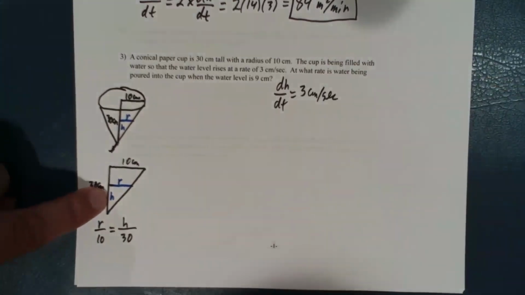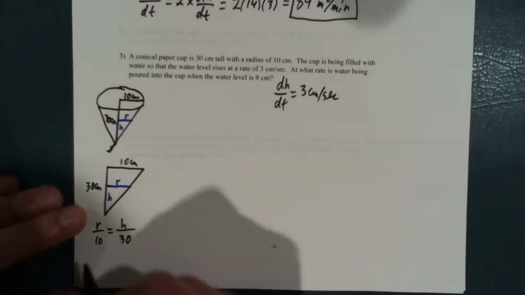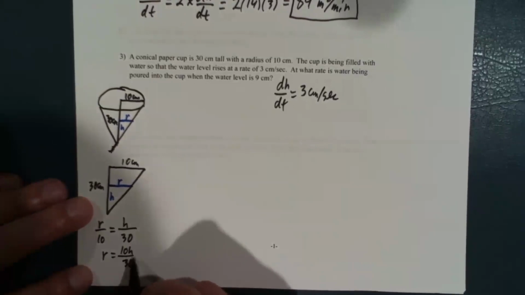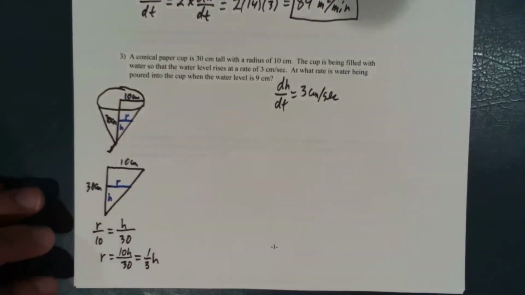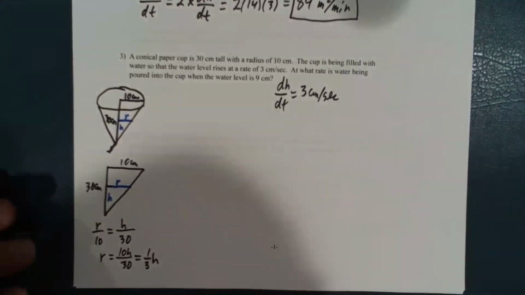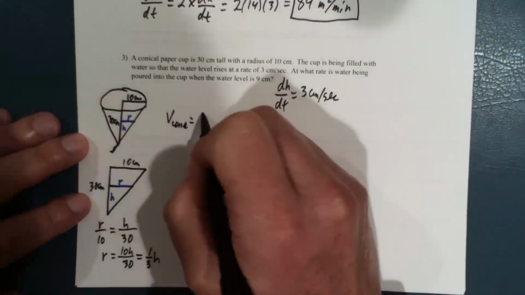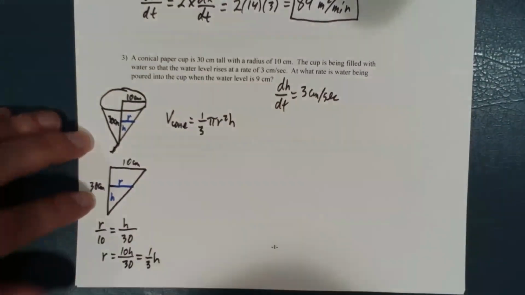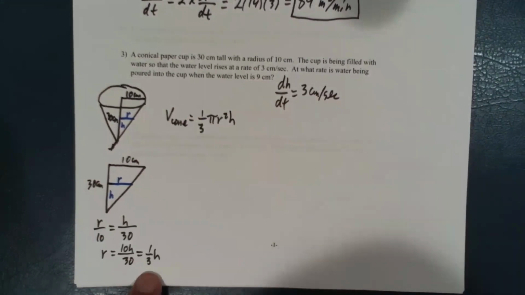What I want to do is get R in terms of H, because I know I'm going to want to keep the H. So R in this case is 10H over 30, or 1/3 H. Now it is talking about volume, and the volume of a cone is 1/3 pi R squared times H. I'm now going to replace R with 1/3 H.